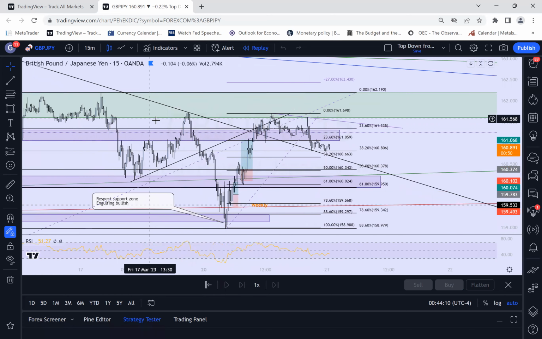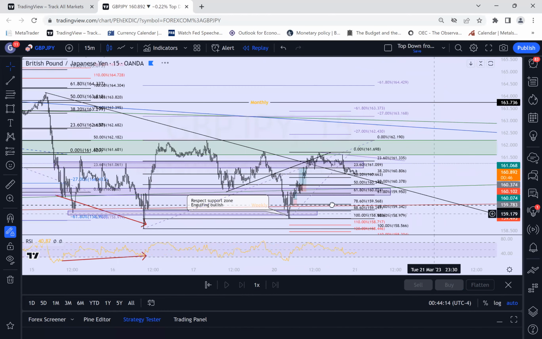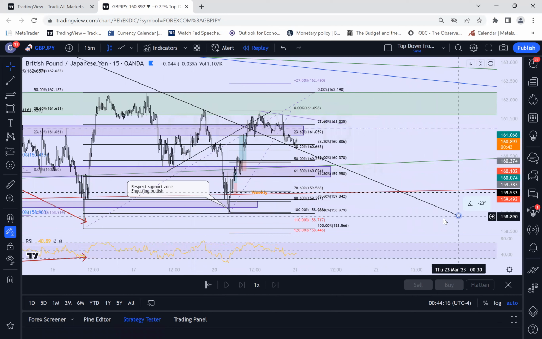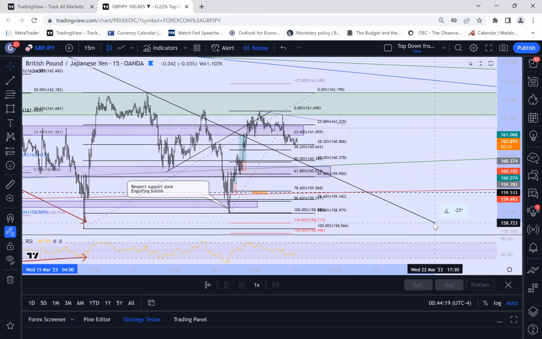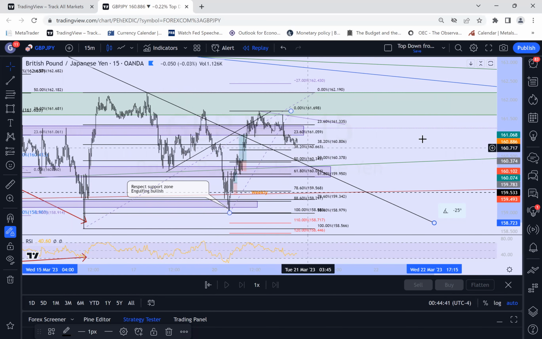I have this further one up here, as you can see, and then it could be this, which would mean I would want to see price retrace deeper, which I'm concerned about, and I think it's a possibility simply because of the price action in here. There's resistance right here, support, support, resistance, support, resistance. You know what I'm saying? There's a lot of price action here, and I feel like price could come back to this level.